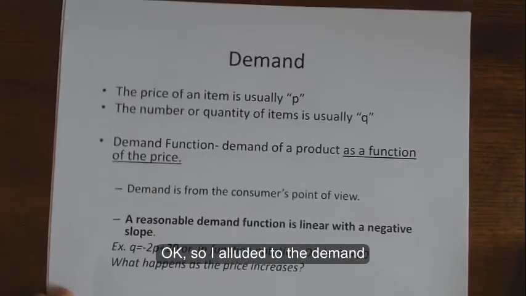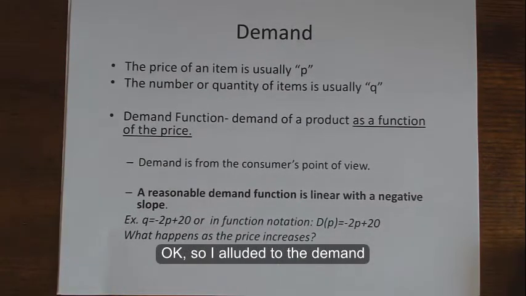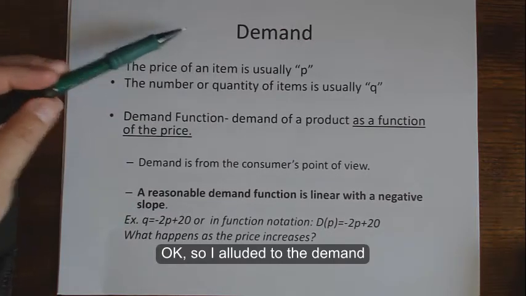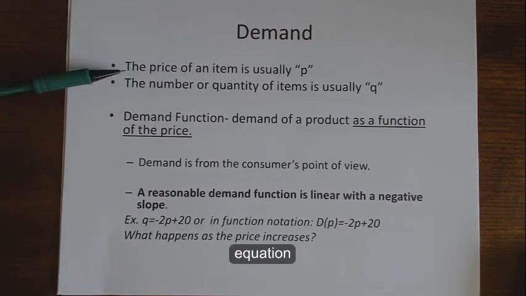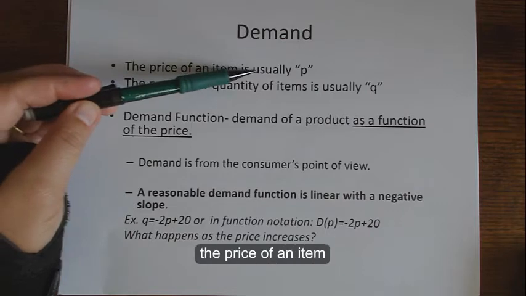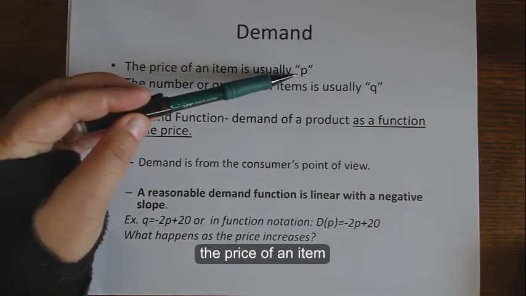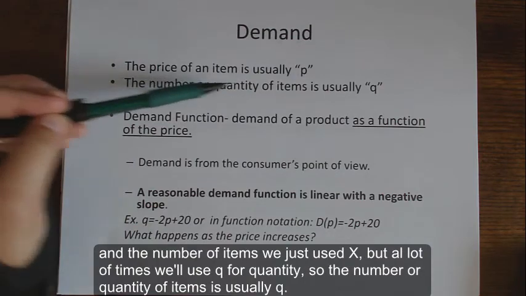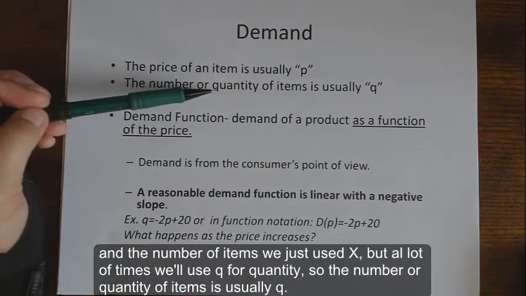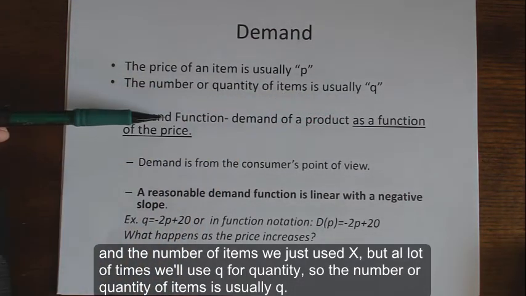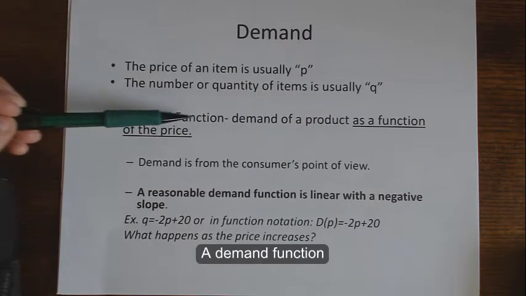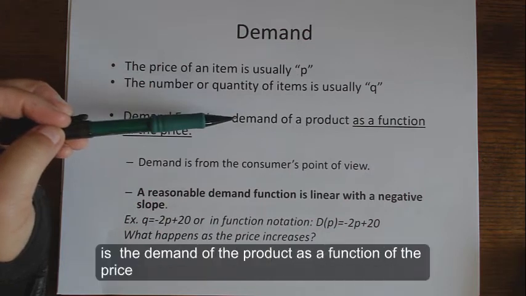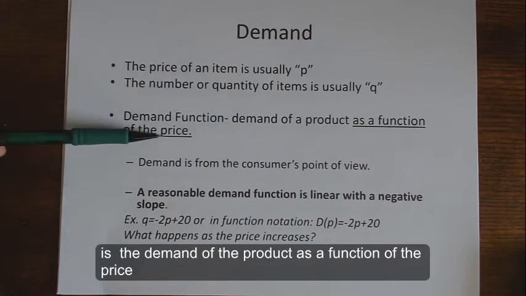Okay, so I alluded to the demand equation. The price of an item, we could use any variable, but usually we use P for price, and for the number of items we just use x, but a lot of times we'll use Q for quantity, so the number or quantity of items is usually Q. A demand function is the demand of a product as a function of the price.